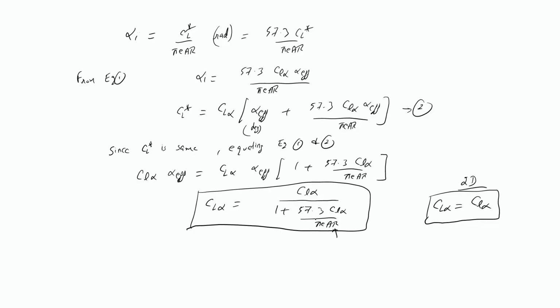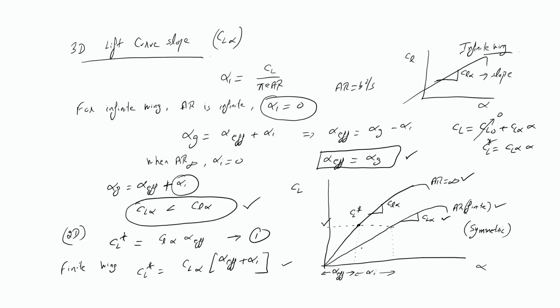Now that we have derived the relation between CL alpha and small CL alpha, and we have also plotted the curve for this symmetric airfoil, now if I would have considered a cambered airfoil, we know that the slope will actually be reduced for a 3D lift curve slope.